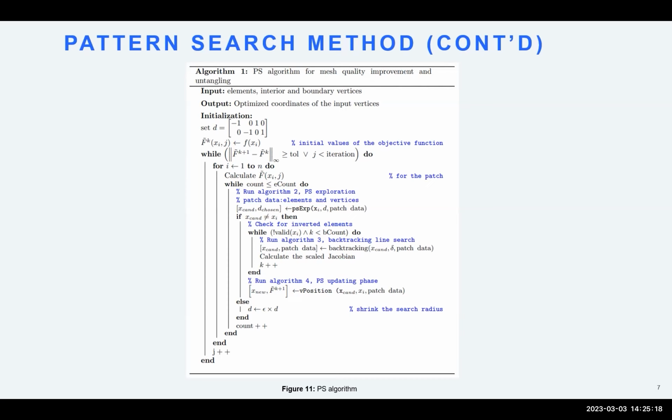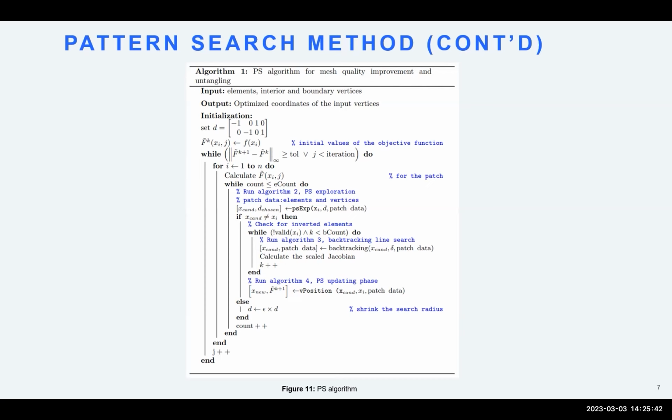Let's shrink the pattern and see if there is any location that gives us the minimum objective function value. If it moves to the new location, and as a result of that movement, new tangling is introduced into the mesh, then it's going to say, let's not move that much. Let's backtrack a little bit so that we don't introduce new problems into our mesh.